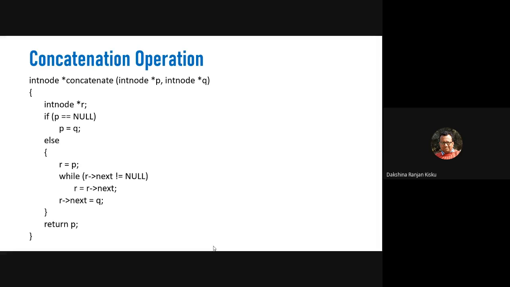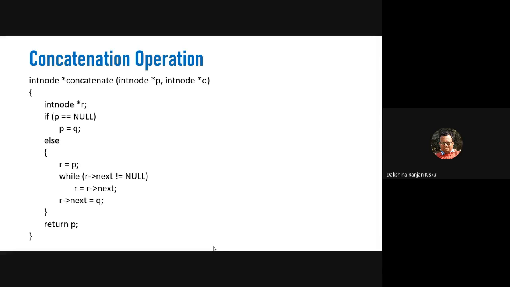Now, initially we need to check whether P is empty or not, that means whether the first linked list is empty or not. If the first linked list is found to be empty, then we simply point the head pointer P to the second linked list.